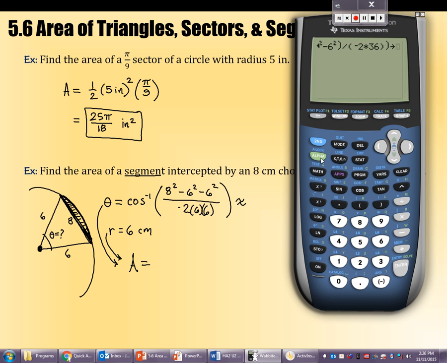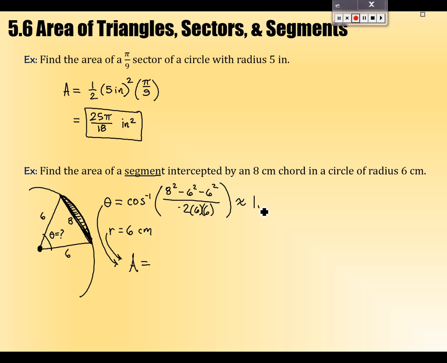Store in A. How about? All right. Except wait, I wanted that in radians. All right, so I get 1.46 radians approximately. You can write that down if you like, but what I want is that stored. I stored it in A on my calculator, or whatever letter you like. If you're going to use it, don't use the rounded value, right? Okay. So I'll write this down, but just be careful. 1.46 approximately.